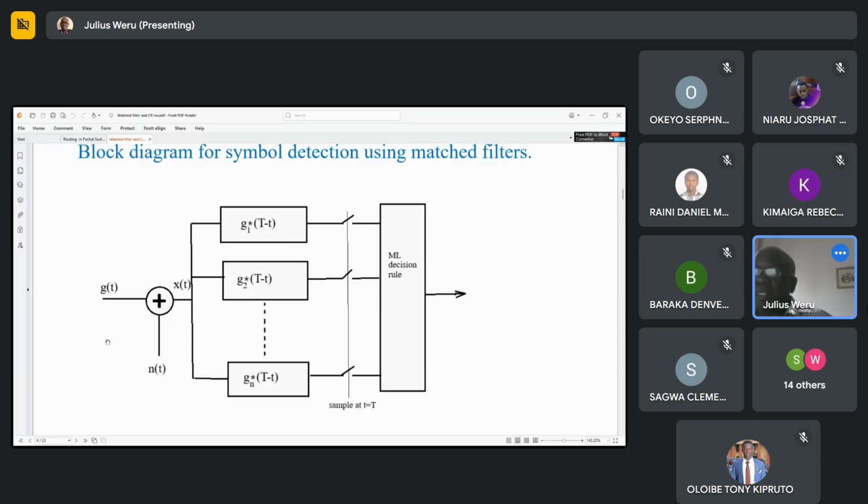So where the baud rate is the same as the bit rate, which means every bit is represented with one symbol, then that can only have two levels.